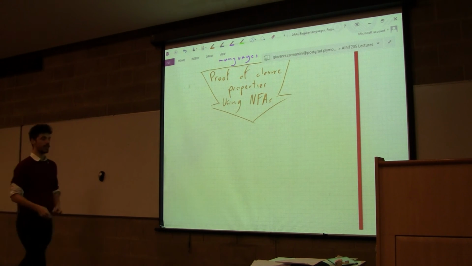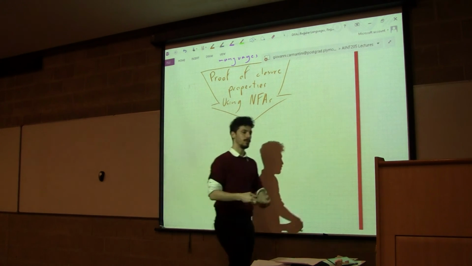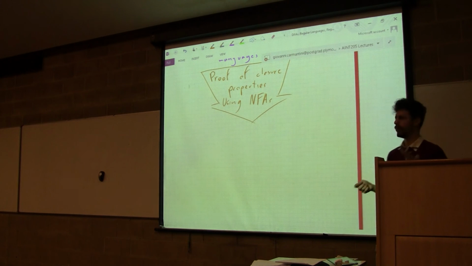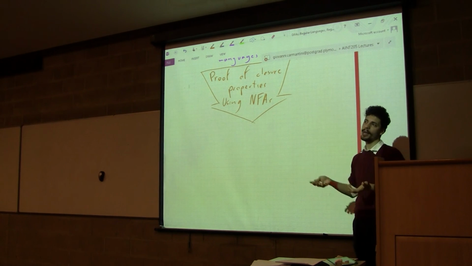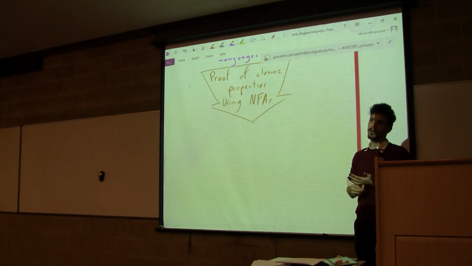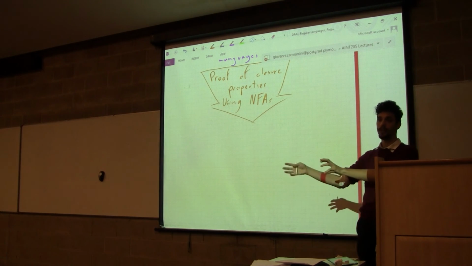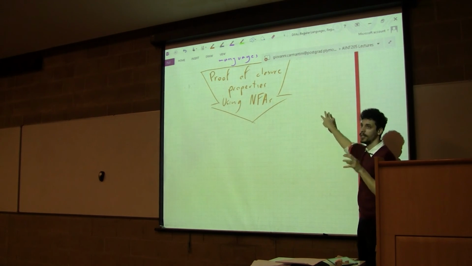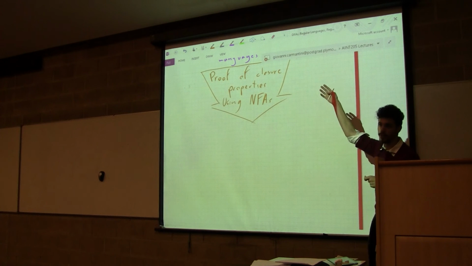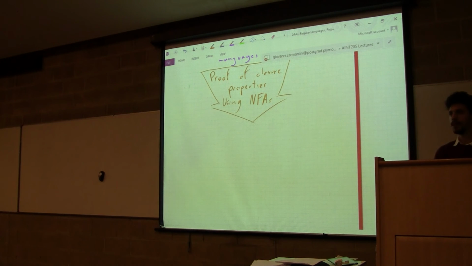It is really, really easy to prove these closure properties using NFAs. Why would we want to use NFAs? Well, we said that regular languages are the languages recognized by DFAs, and NFAs can be mapped back to DFAs, right? So if you prove these closure properties with NFAs, you prove them for the regular languages, which is nice.